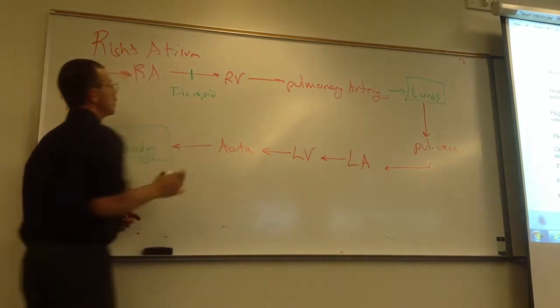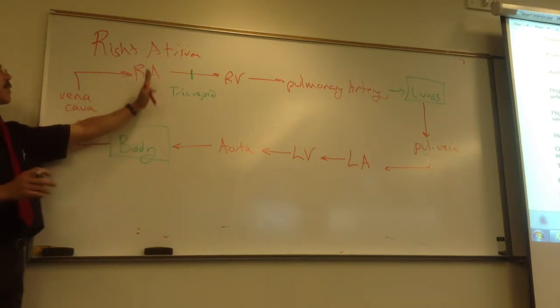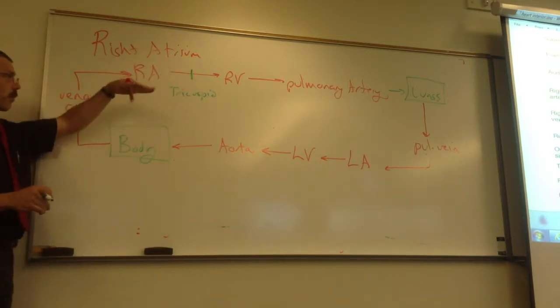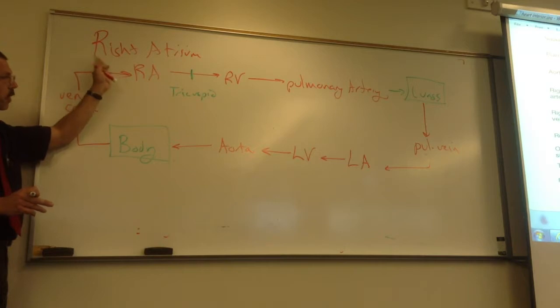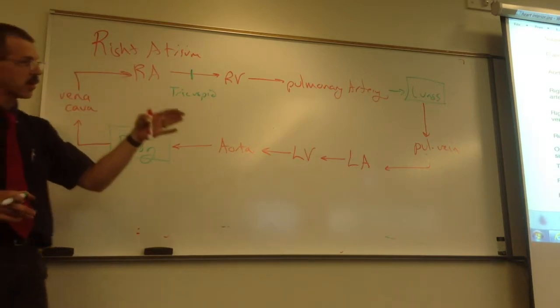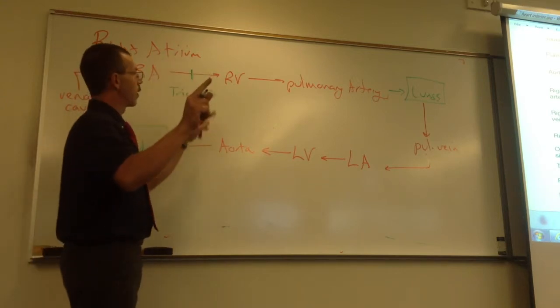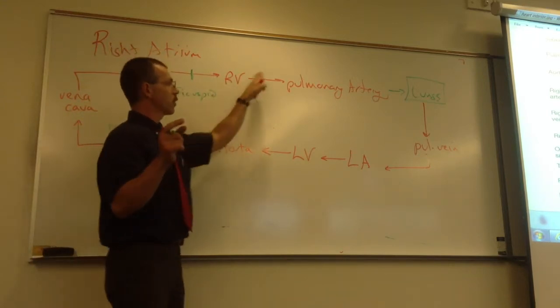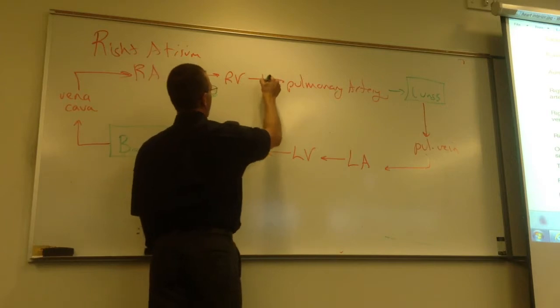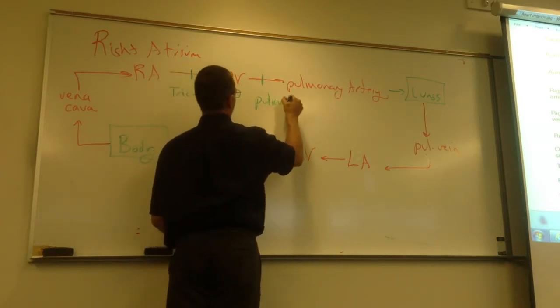Tricuspid valve between my right A and my right V, or my right atrioventricular. Pick a word. Okay, where's my pulmonary valve going to be? Very good. Between the right ventricle and the pulmonary artery. That's my pulmonary valve.